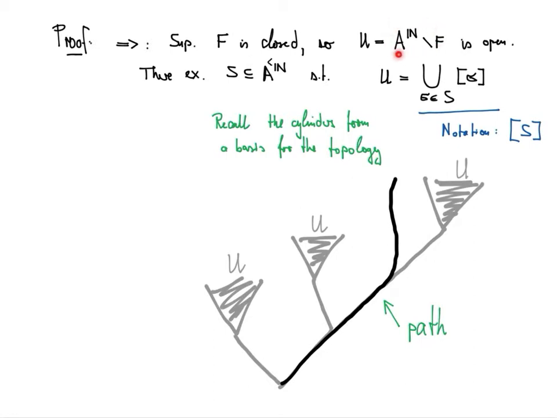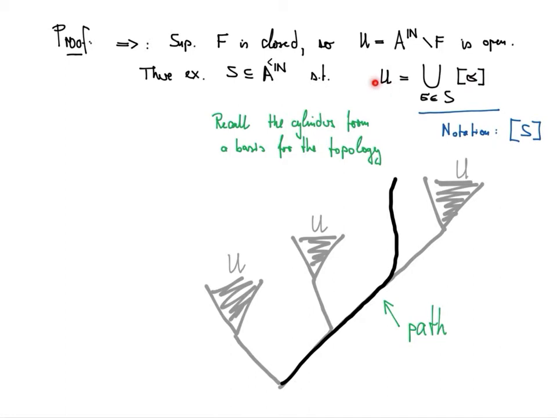By definition of the topology, this means that U can be represented as a union of basic open cylinders. Each of these cylinders in this union is generated by a string sigma, and these strings sigma are collected in a set S.